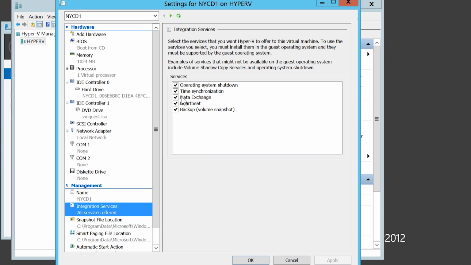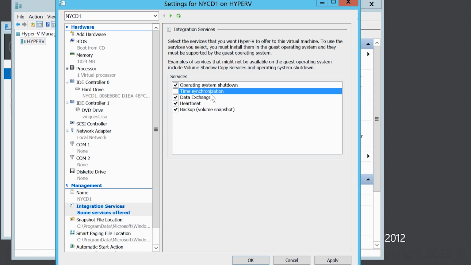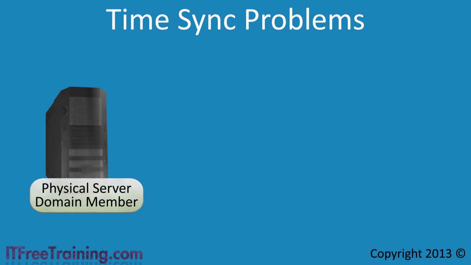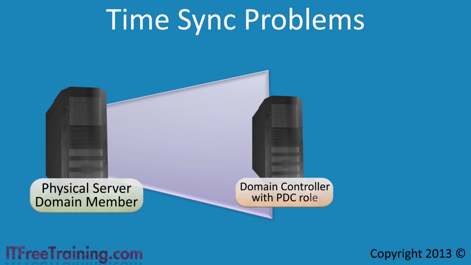In most cases, it should be okay to leave this option ticked, but in one particular case, I would suggest switching this off. If you consider this scenario, you have a physical server that is a domain member. It is running Hyper-V, and one of the virtual machines running on this server is running a domain controller.